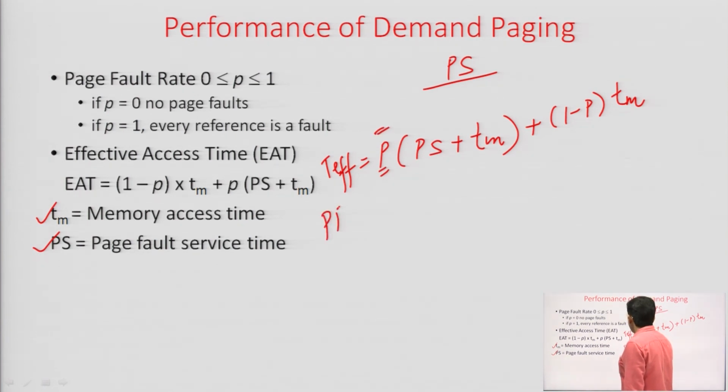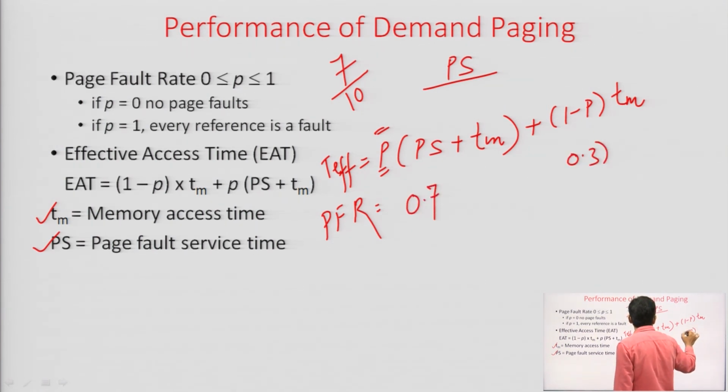I have already explained the page fault rate. Page fault rate is a fraction. Let us say 7 is the number of page faults out of 10. So 7 by 10 is the page fault, so 0.7 will be the page fault rate, and the hit rate will be 0.3, the time when the page fault did not take place.